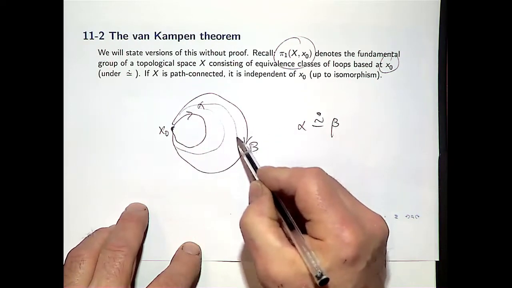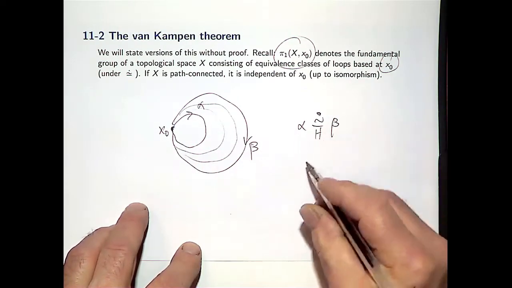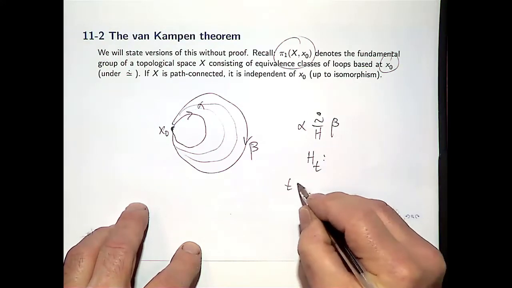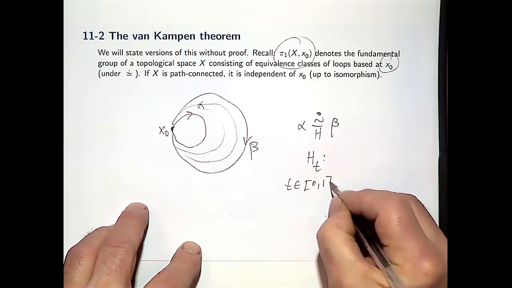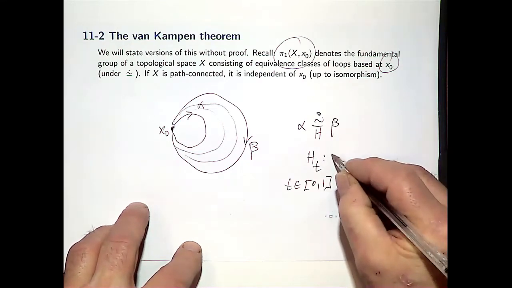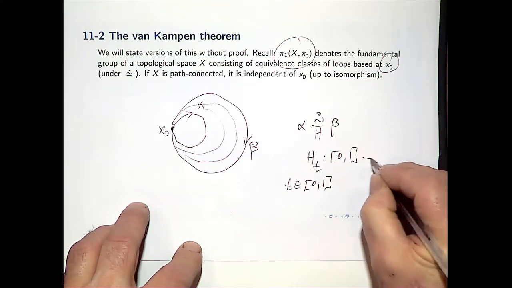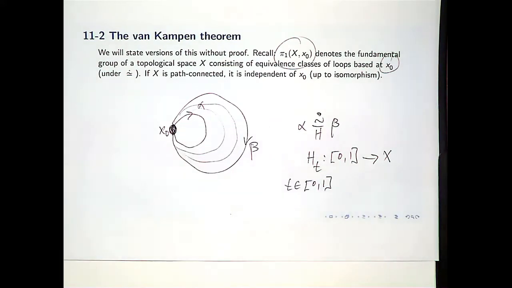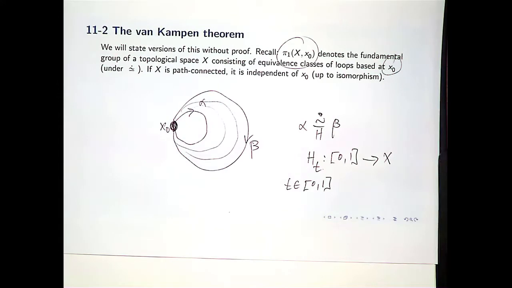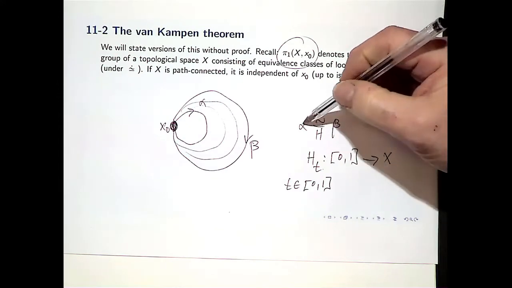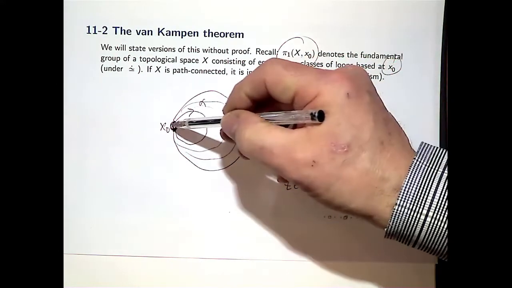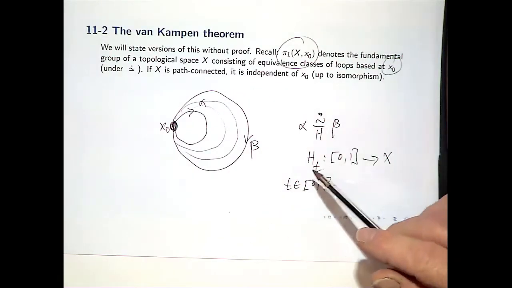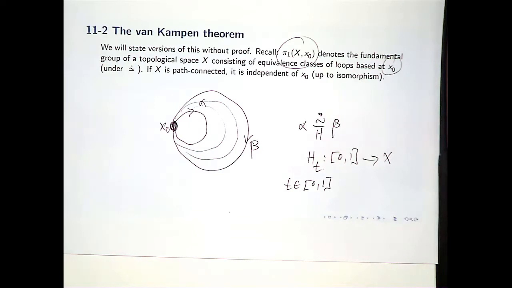We have this so-called homotopy, say h, which allows us to define a loop for every value of t between 0 and 1. It has the property that it starts and finishes at x0 for all values of t. So that's a bit more general than an ordinary homotopy between these maps, which would not insist on where the loop or the path starts and finishes.